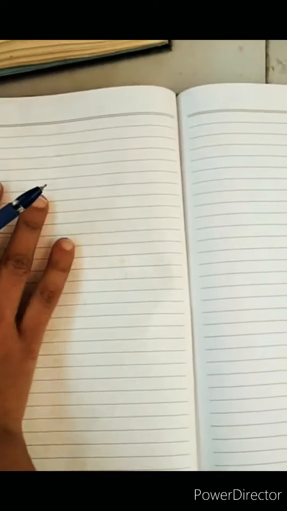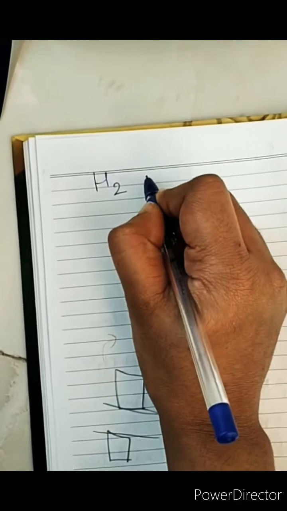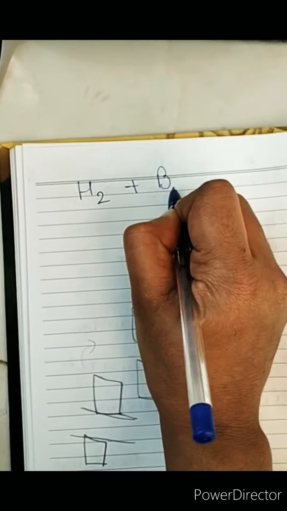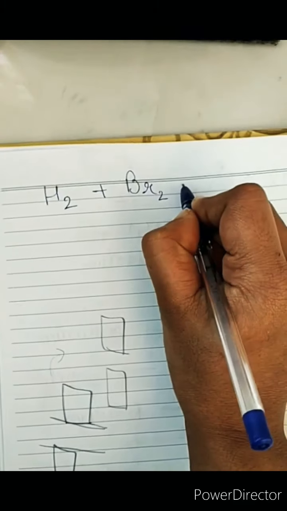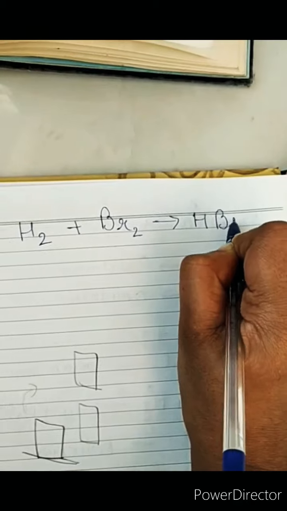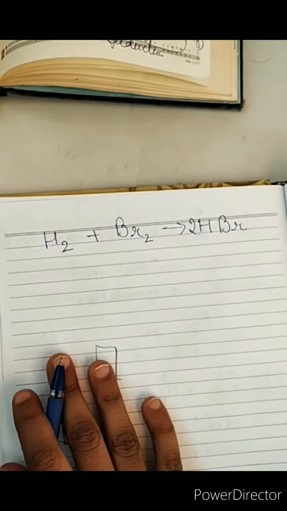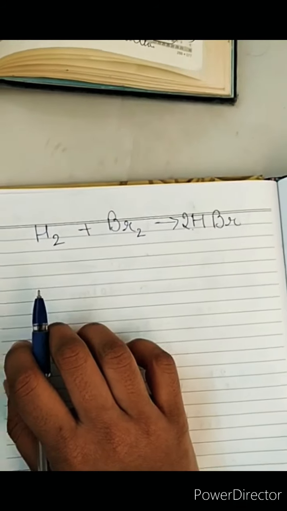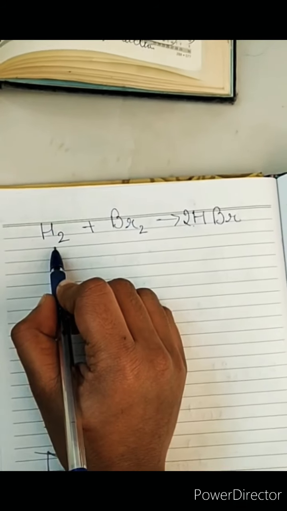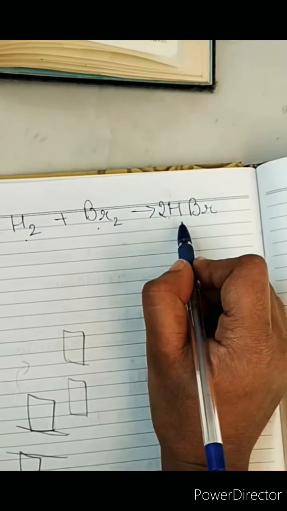That is, let's say we have H2, that is hydrogen, plus Br2, a simple equation that gives you 2HBr. Okay, now here hydrogen and bromine when they react, will give you HBr.